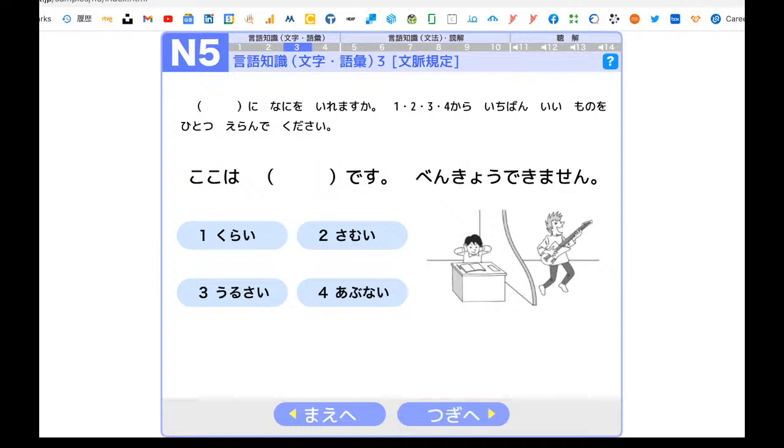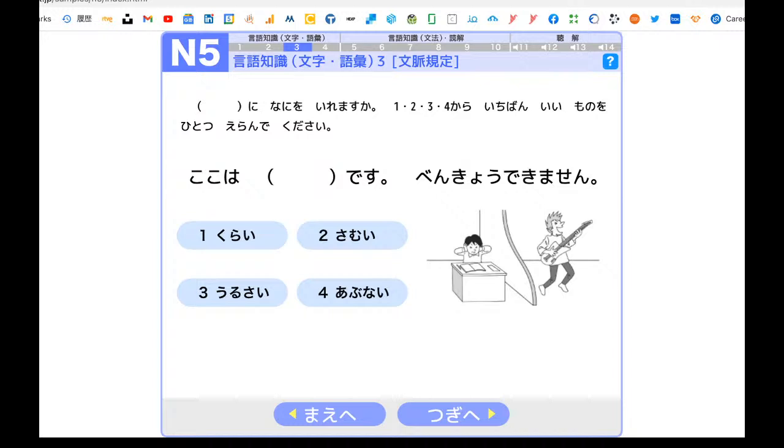So the hint is this picture. You see a guy who is playing guitar and maybe singing also. And next to him, a poor boy is trying to study, but maybe he cannot because of this guitar.